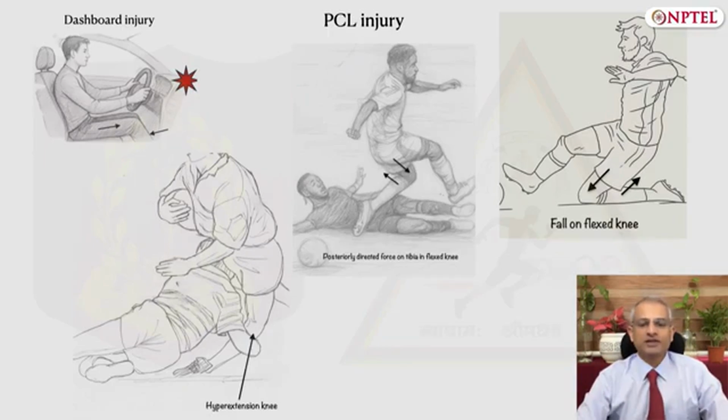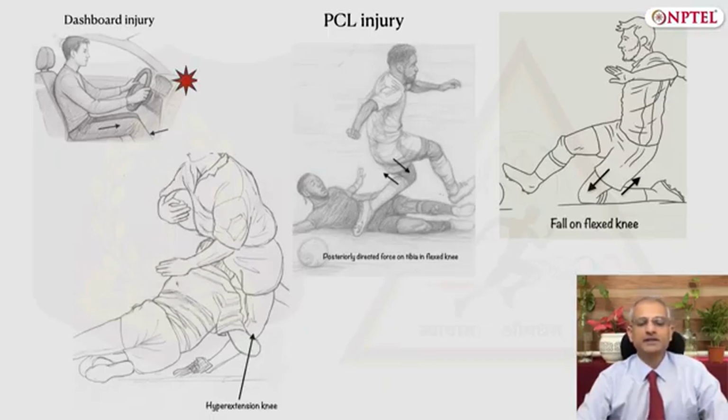This causes hyperflexion of the knee, and this is another mechanism where the PCL can be injured. In athletics or in sports, the typical mechanism of isolated PCL tear is a direct blow to the anterior tibia or a fall on the knee with the foot in plantar flexion, as shown in the figures.